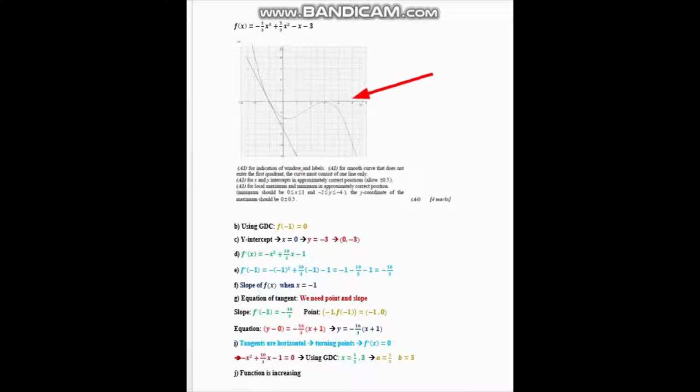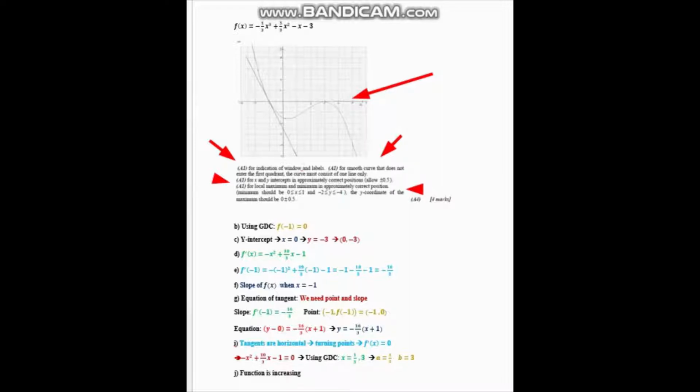This is the marking scheme version of the graph. You are awarded 1 mark for the window and the labels, a mark for a smooth curve, and a mark for the x and y intercepts. Finally, a mark for the local maximum and minimum points.